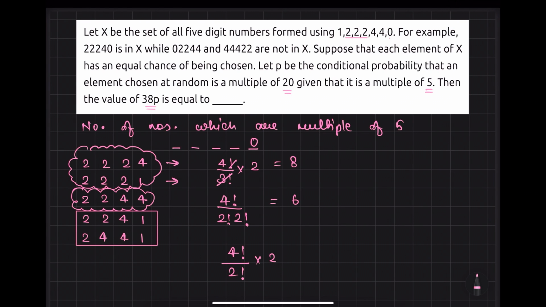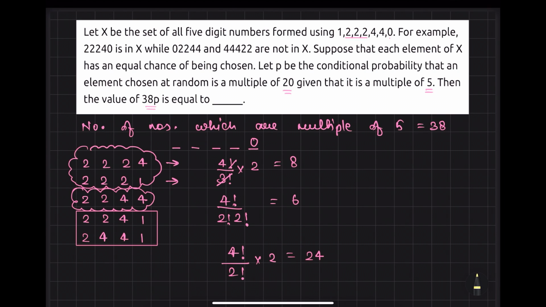Both cases are similar, that's why I have multiplied by 2. So 4 times 3 is 12, into 2, 24. So the total number of cases will become 24, 6, 30, and 8 is 38. So the total number of numbers is 38.